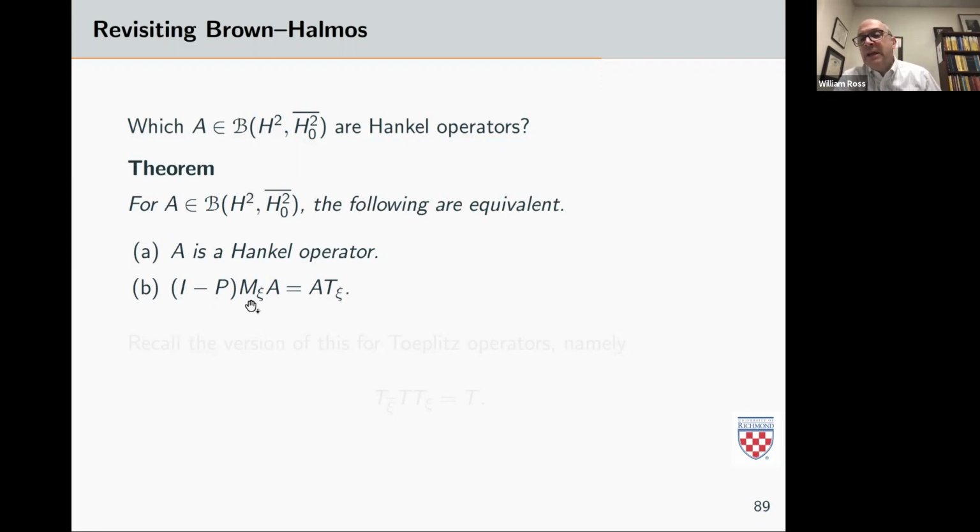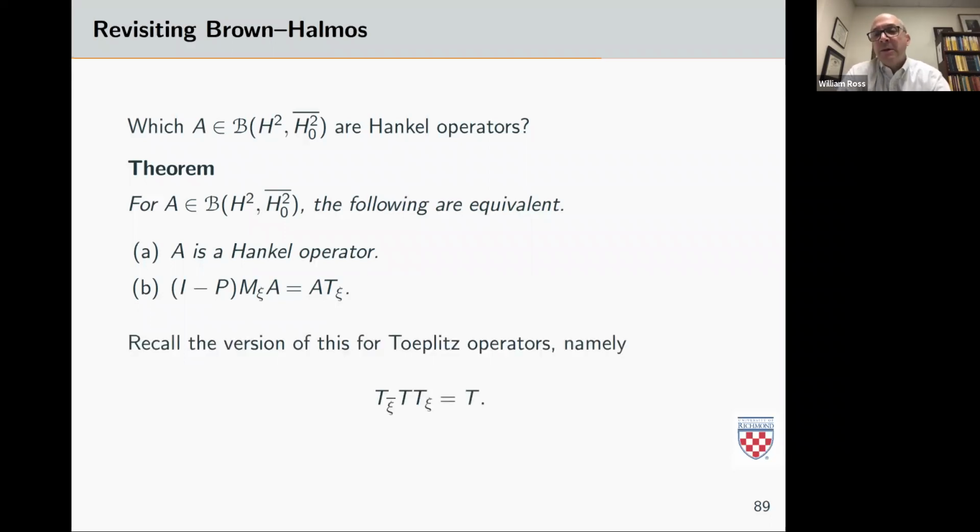M_z is the bilateral shift, multiplication by the independent variable on L2, and T_z is the unilateral shift on H2. It's multiplication by the independent variable on H2. And recall, this is the Hankel operator version of the theorem for Toeplitz.